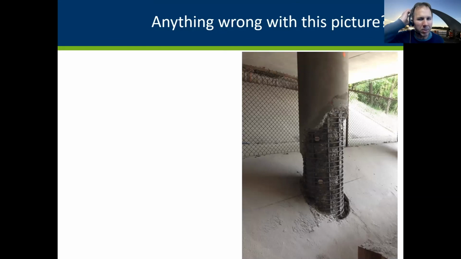So while I'm on the topic and we show some horrific columns, anything wrong with this picture? Yeah, if you fully expose the column perimeter, you're definitely weakening that column.